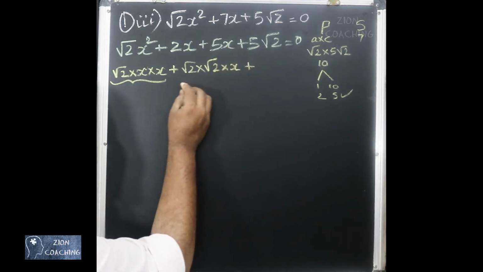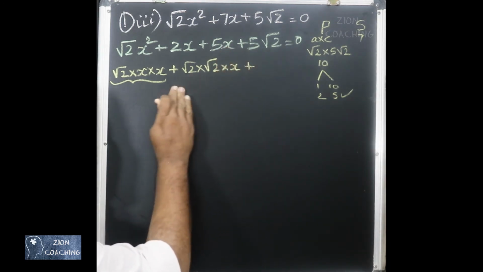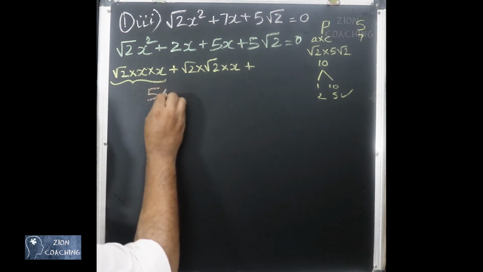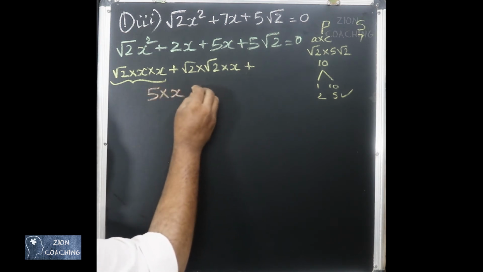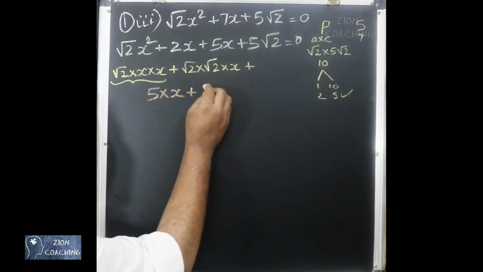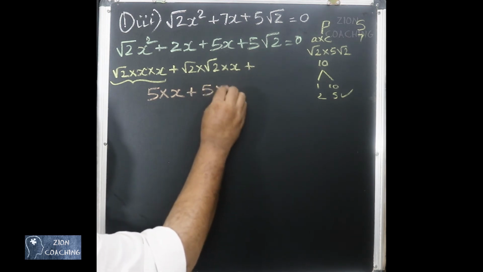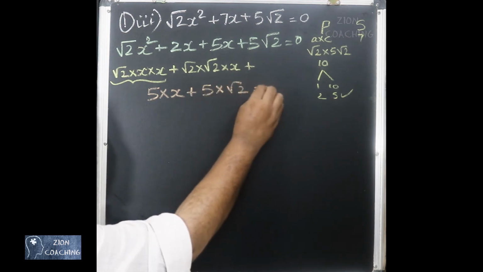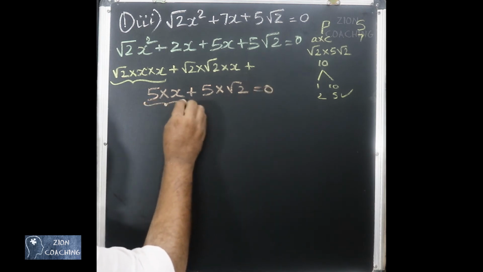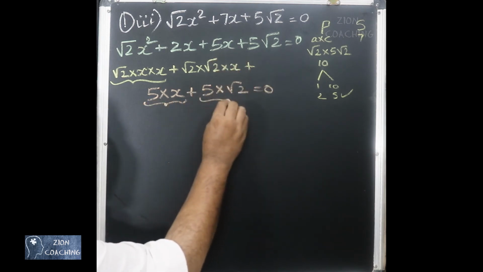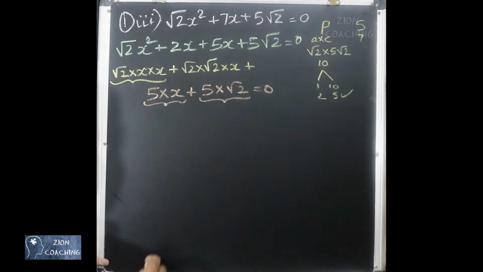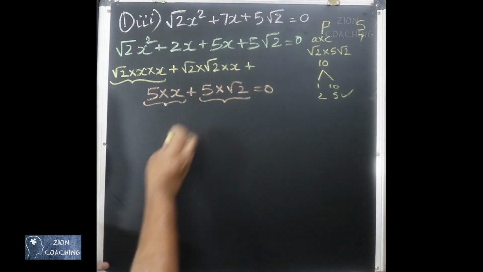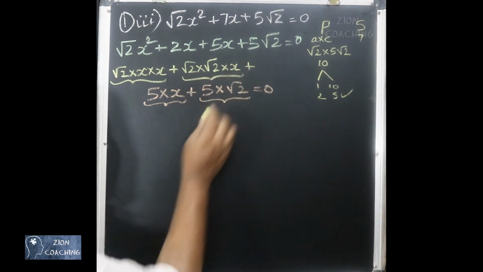This can be written as, let me start here, 5 into x, and the last one can be written as 5 into root 2. Now this is the splitting of the third term and this is the splitting of the fourth term there. This is the splitting of the second term.